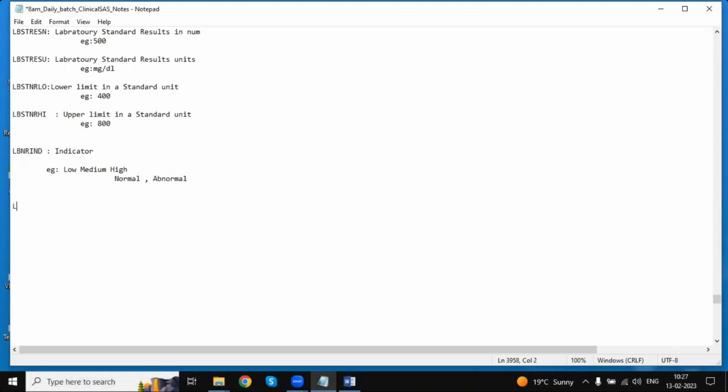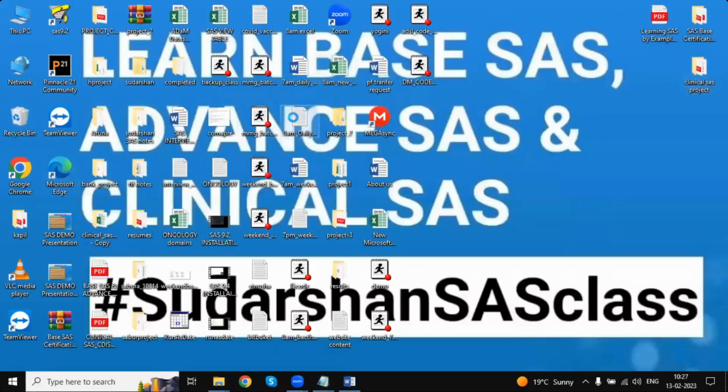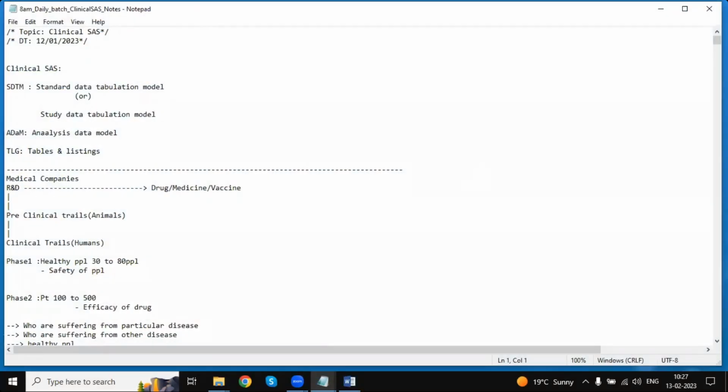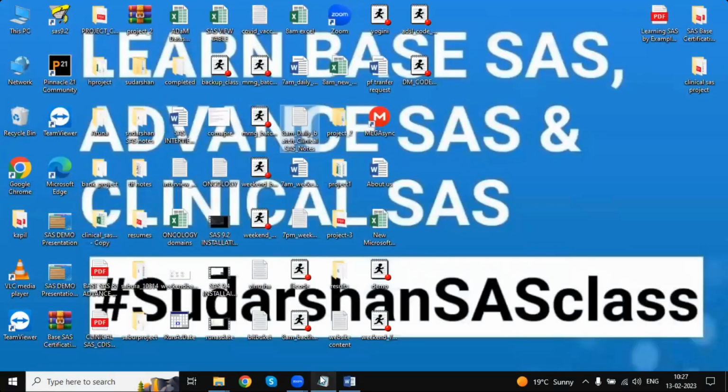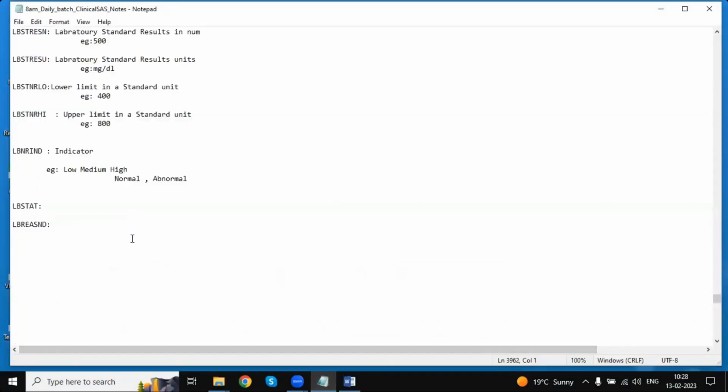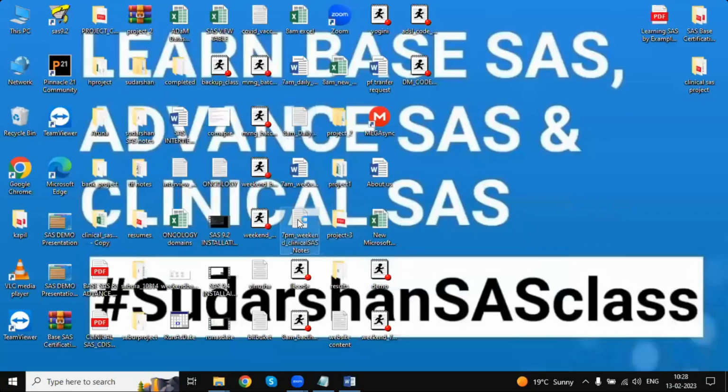Okay, and some common variables, LB stat, LB reason for not done. Tell me what are these two variables? What is stat? What is the observation I'm going to get? Stat and reason for not done is coming in every domain, right?